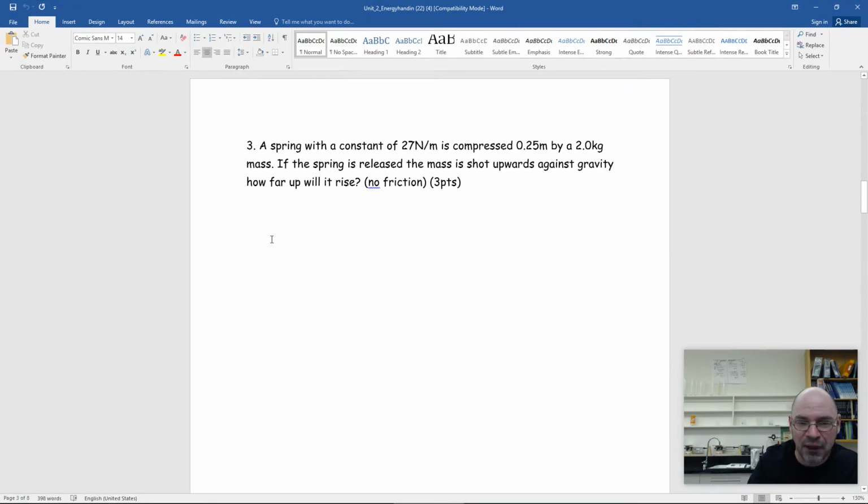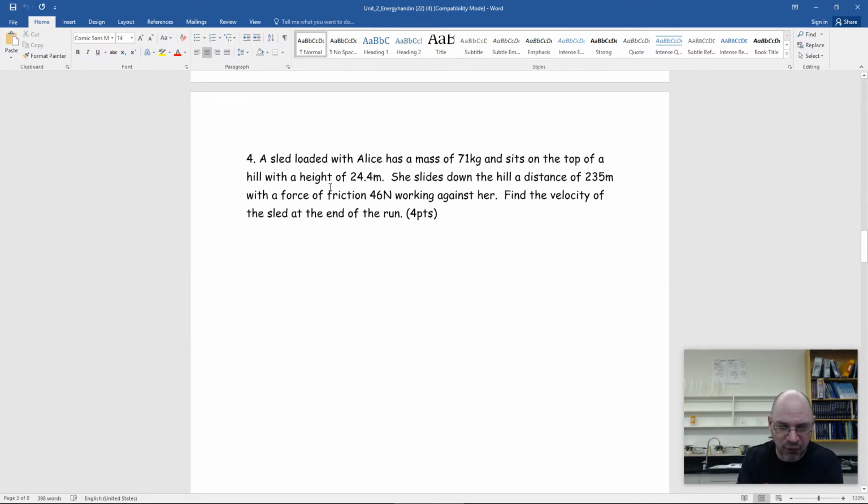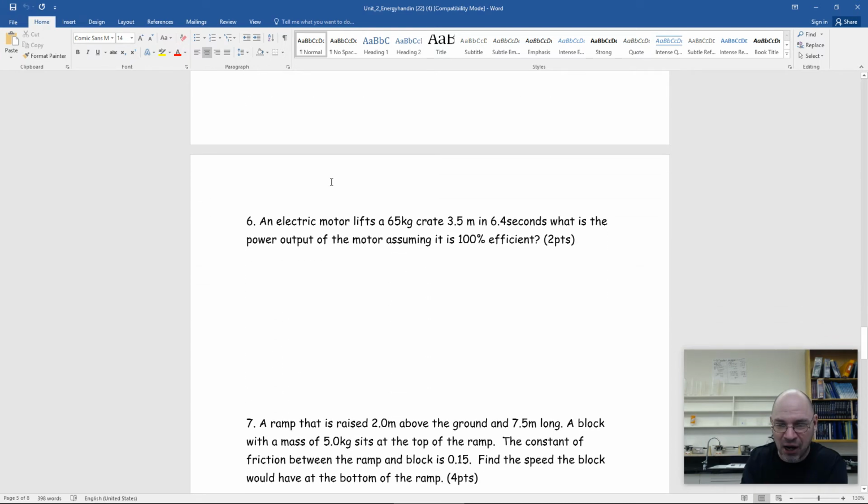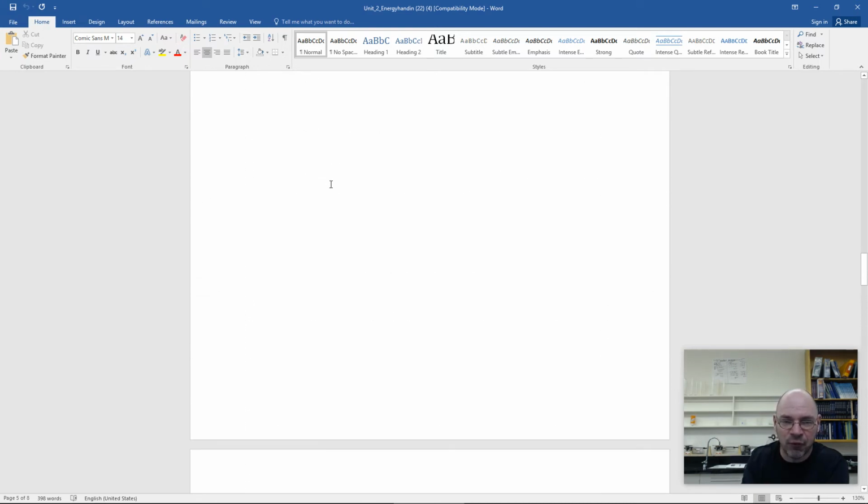Okay, again, a spring constant one, so this is going to be a conservation of spring energy versus gravity. So there's going to be no friction involved. So we'll set that one up. I'll set up a similar one without the same numbers. I'll just use different numbers and then work it out. And then you can follow that same process for working this one out. And then 6, we'll look at that while we're at it here. Okay, that's a power one, so we'll do that as well. We'll do an example of that.